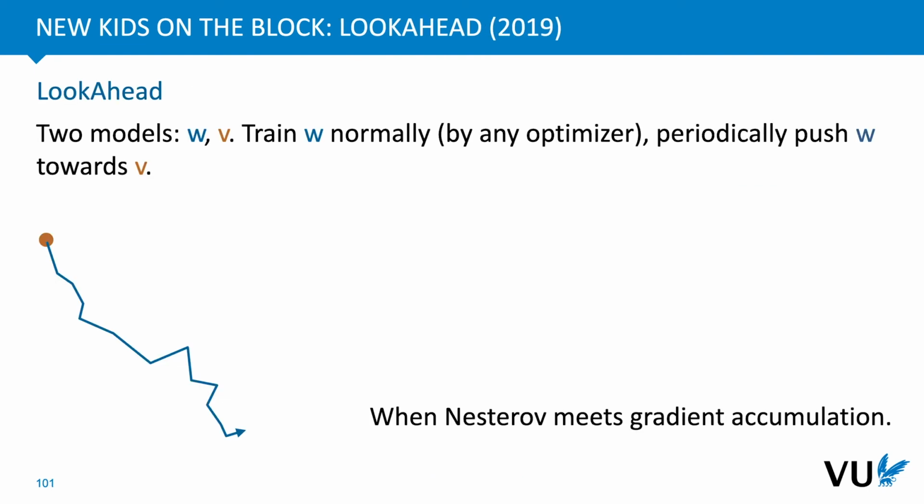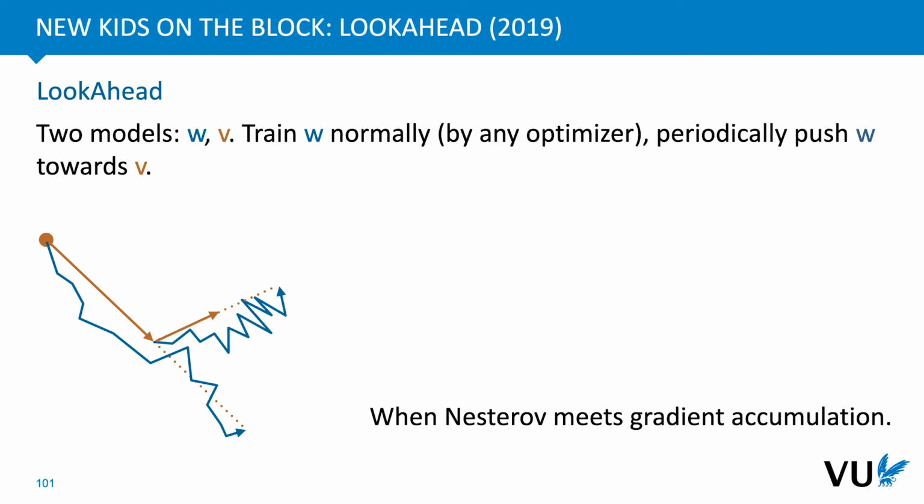Another new development is LOOKAHEAD. LOOKAHEAD can be used in combination with any optimizer. We train 2 models, W and V. We train W normally by any optimizer, could be Adam, could be SGD. We let it run from the starting point for a while, and after a while we say stop, and then we push V towards where W has ended up.